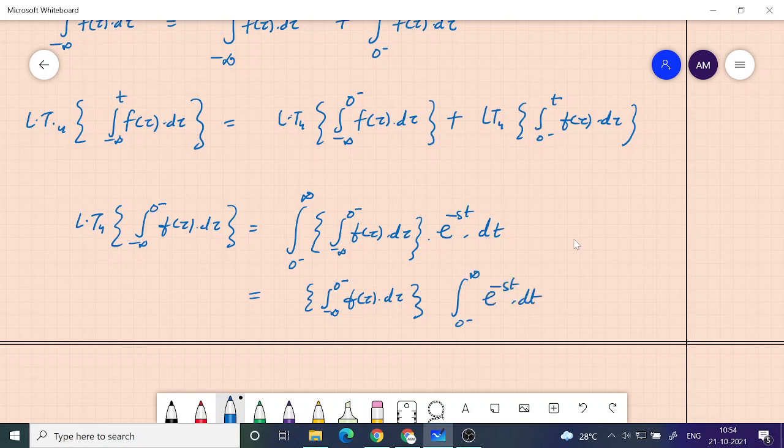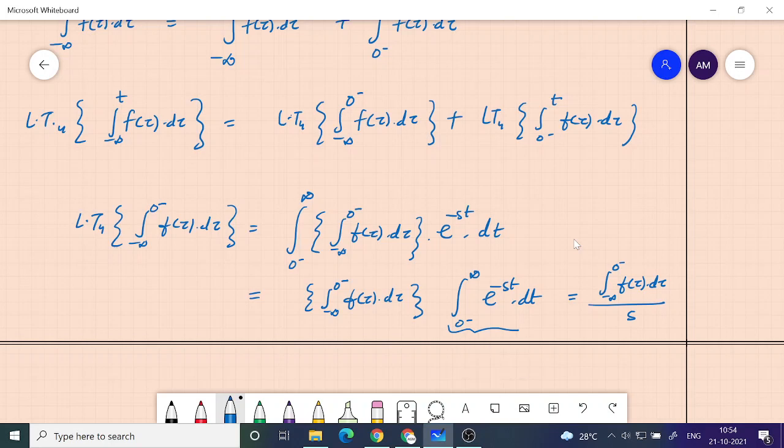Now this is basically the unit step function, right? The Laplace transform of the unit step function, which we know is 1 by s. So the answer to the first part is quite simple. You just perform this integration and then divide it by s.